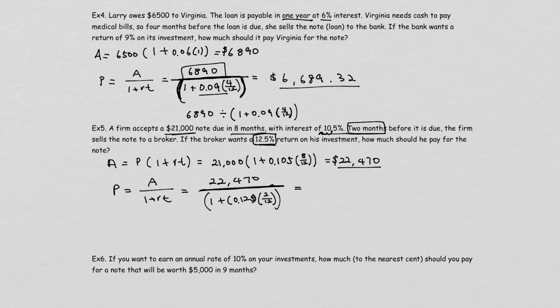This will give you somewhere close to $22,012.15. So the broker pays the firm $22,012.15, and after 2 months, the broker gets $22,470. That way the broker will gain a 12.5% return.